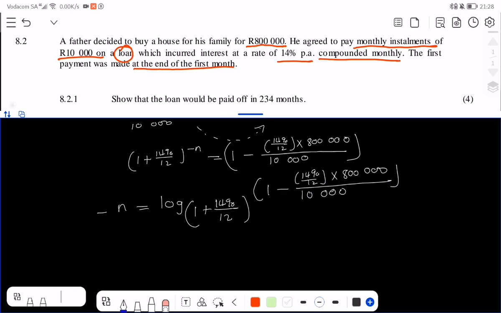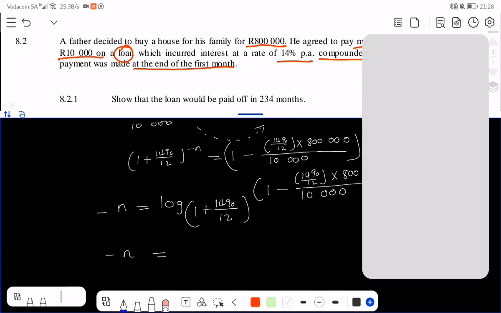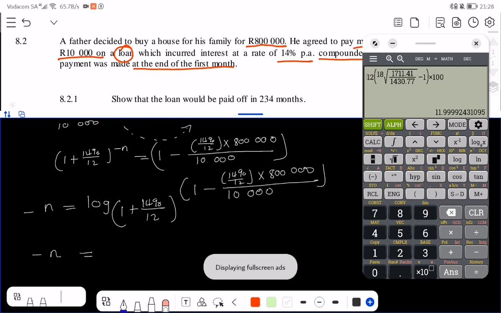So when I punch everything here, of course, I will get the value of this negative n at the end.